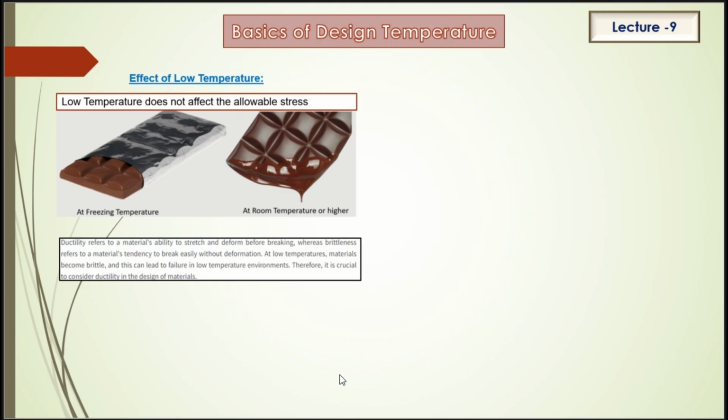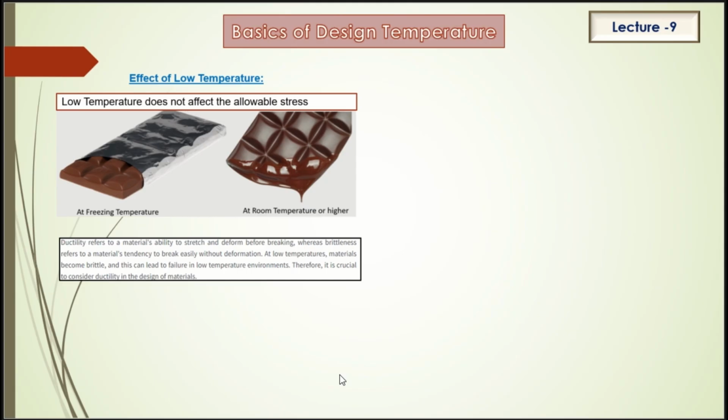Without giving any prior information, the brittle material breaks. But if our material has the ductility property, it will give some indication like slow deformation. It does not fail suddenly.